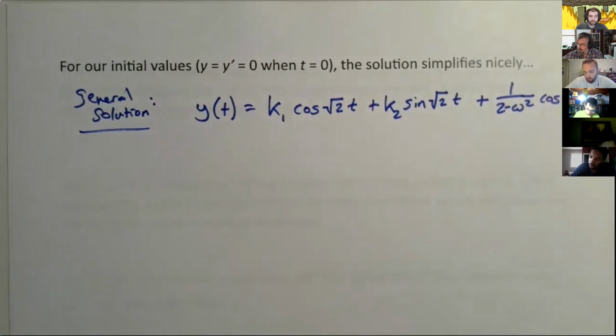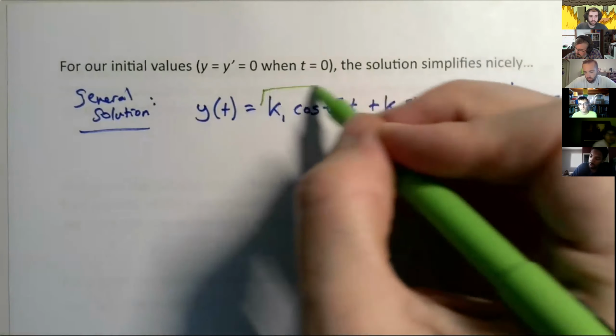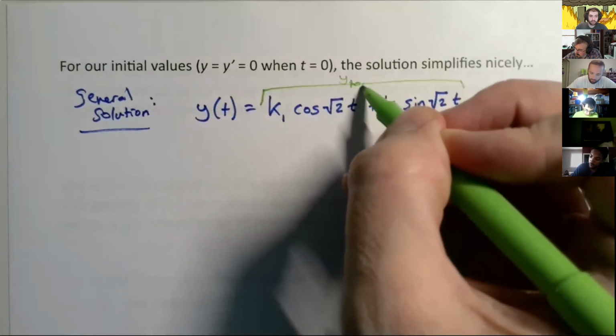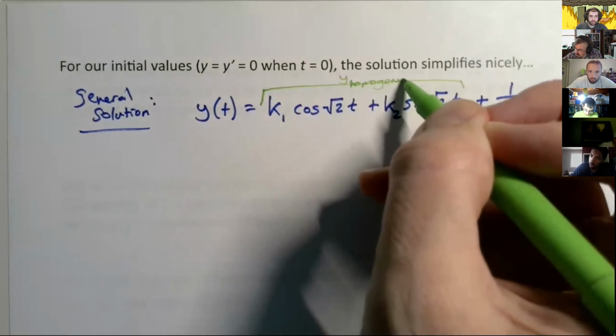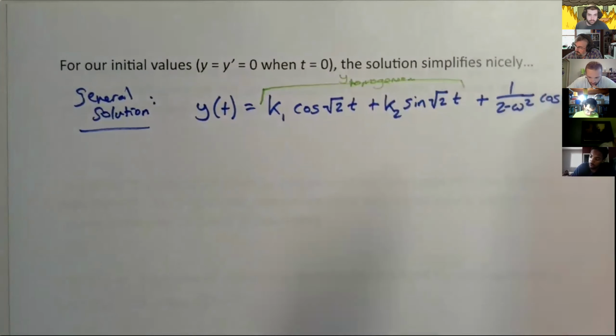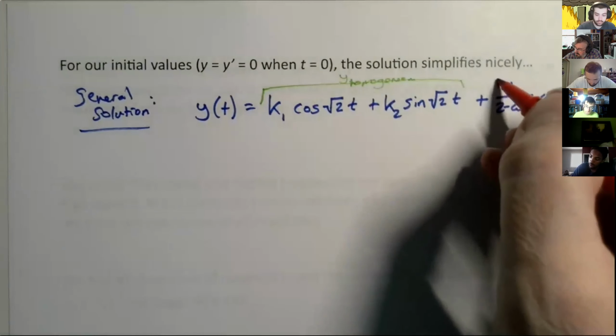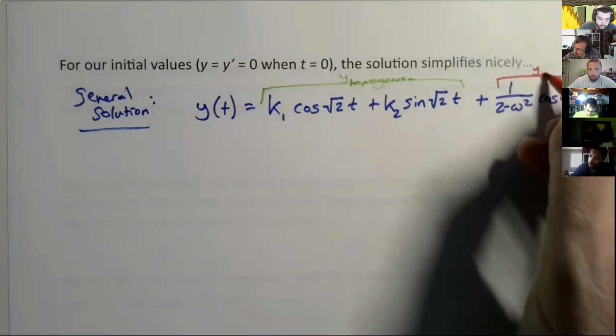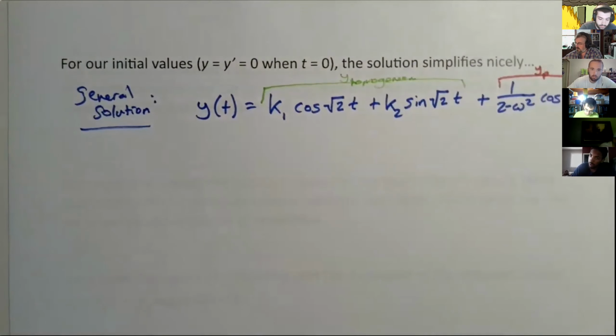So if you remember, that first part is our homogeneous part, and this part right here is our steady state. That's our y sub p that we found from the previous page.